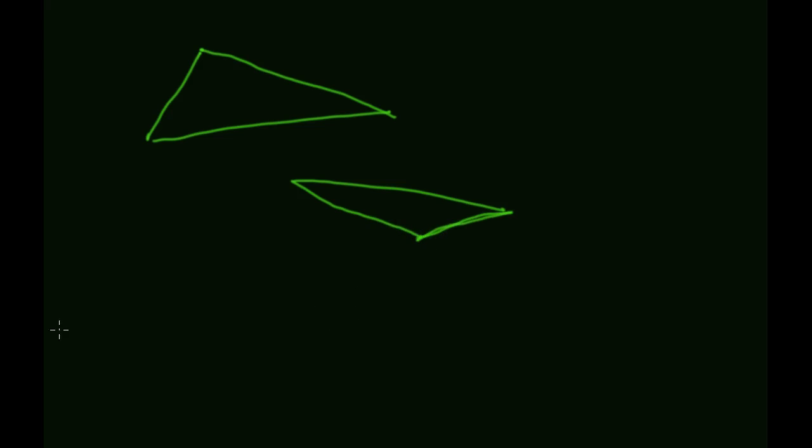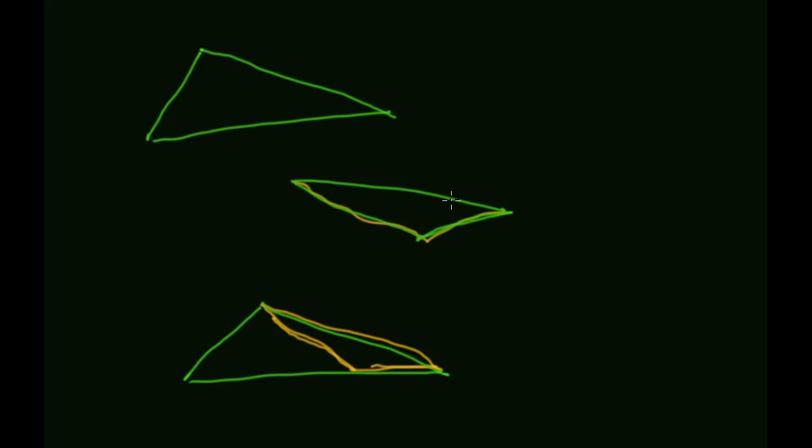Now if I put these two triangles on top of each other, I'm going to get this one, and then the other one is going to look like this. So this is the orange one in my drawing, and the one above is the green one.